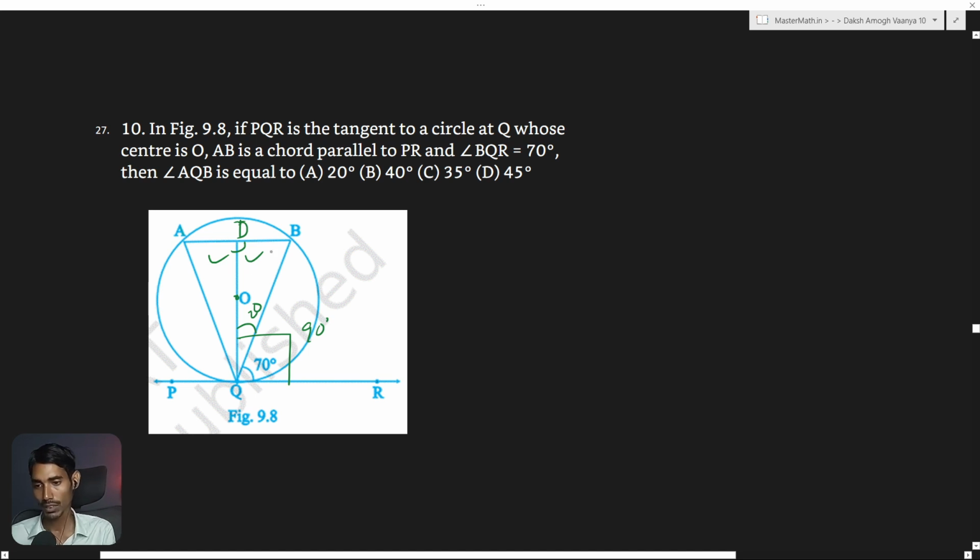Okay, see, let's wind it up. Q is equal to B and Q is also equal to A, 70-70, right? AB is a chord parallel to PR. So angle D is 90 degrees, na?